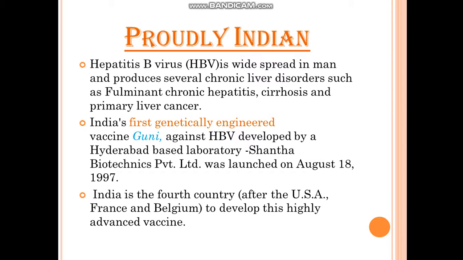Why is this highly advanced? Because it is the first genetically engineered vaccine developed in India. We have utilized the whole DNA recombinant technology by which we have generated this vaccine.